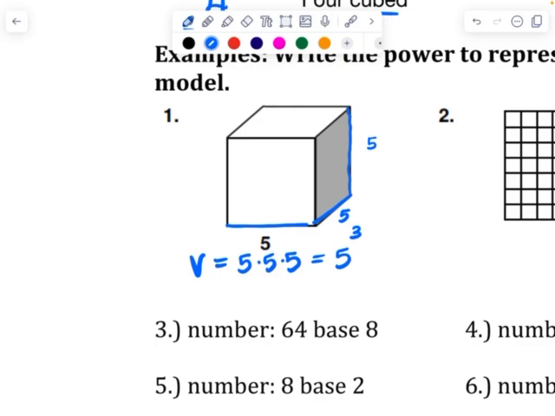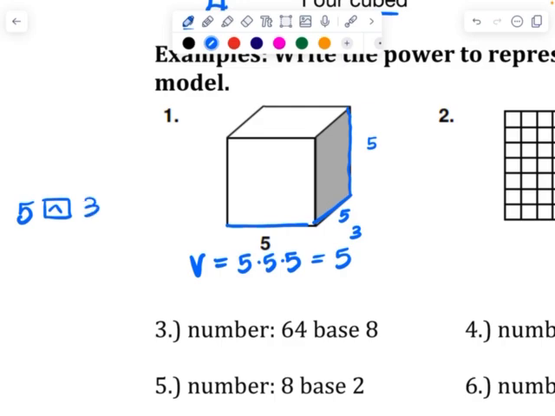Now we can use our calculators to calculate that. On your calculator, you're going to hit 5, and then there will be a caret button, which brings the cursor up into the spot where the exponent would be.